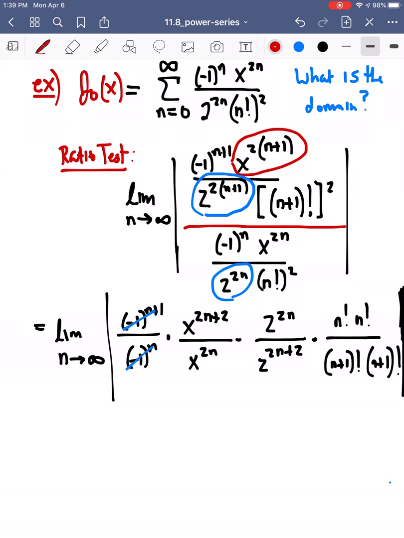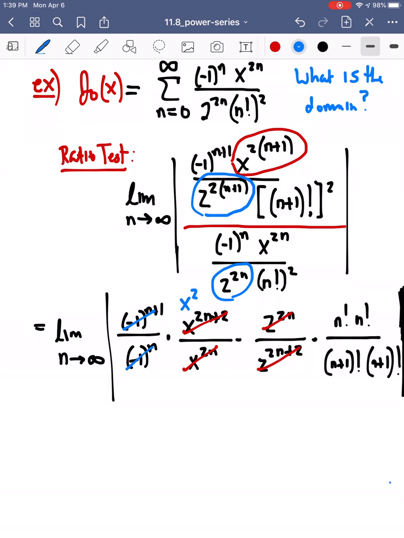All right, let's do some more simplification. We can cancel out a factor of x to the 2n out of the numerator term. And then if we do that, we're just going to be left with an x squared. Similarly, we can factor out a factor of 2 to the 2n and cancel out that 2 to the 2n from the numerator and denominator.